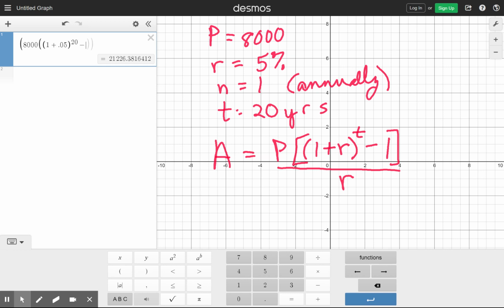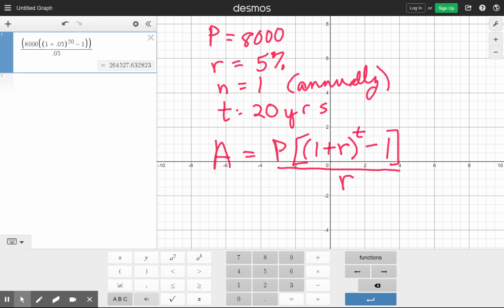And then we need minus 1 after that. And then I'm going to go outside of both of those parentheses and hit my divided by 0.05.